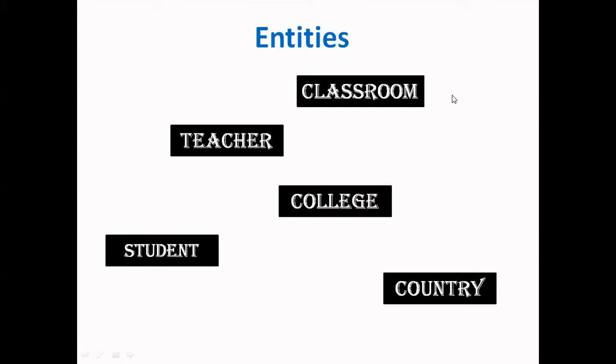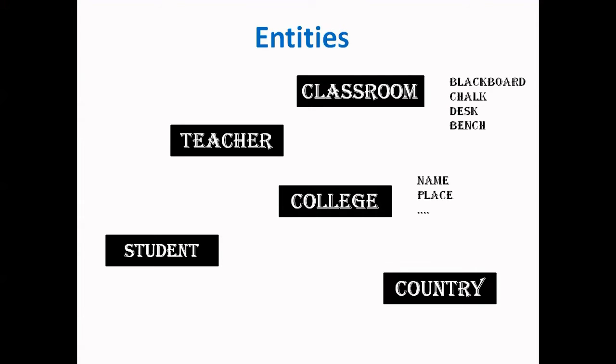What's next? Now, every entity will have properties, right? If I take an example of classroom, what type of property can it have? What all do you see in the classroom? We'll be seeing chalk, desk, bench, blackboard or whiteboard, whatever it is.